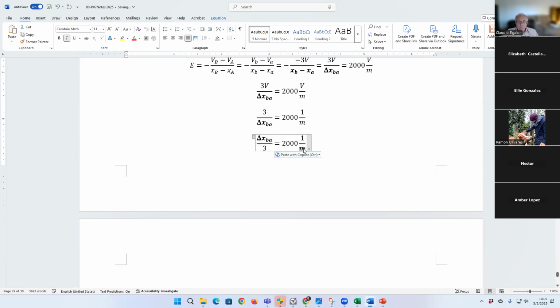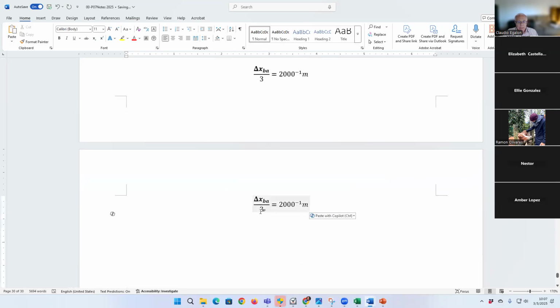When we invert this one as well, 2000 becomes 2000 to the minus 1, right? Let's do the math. Delta X over dA is going to be 3 times that.